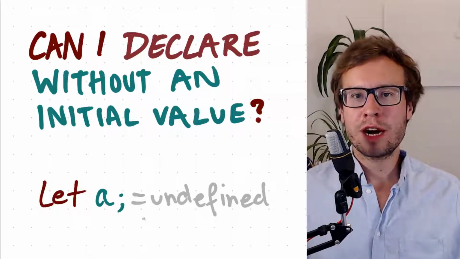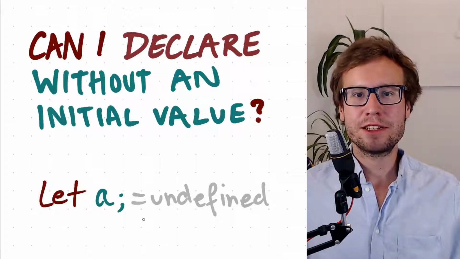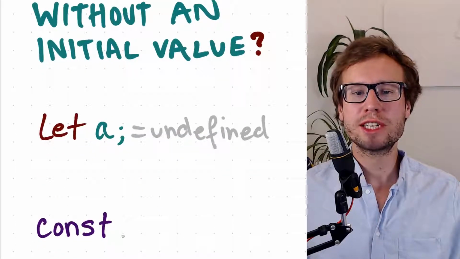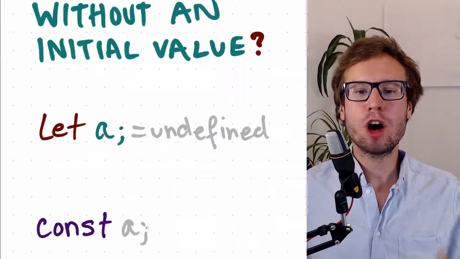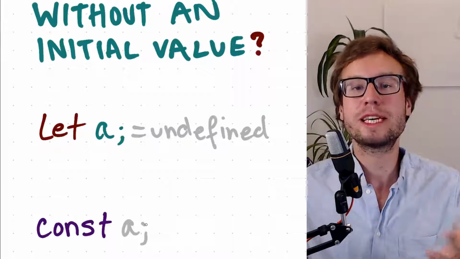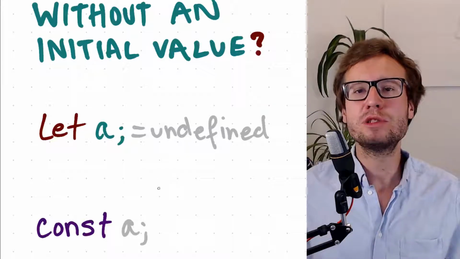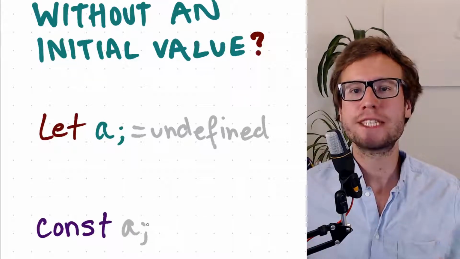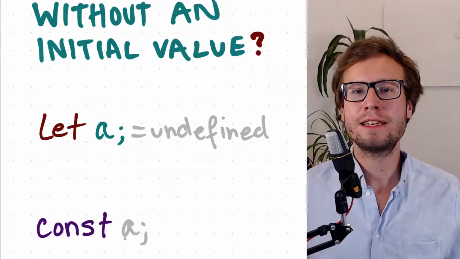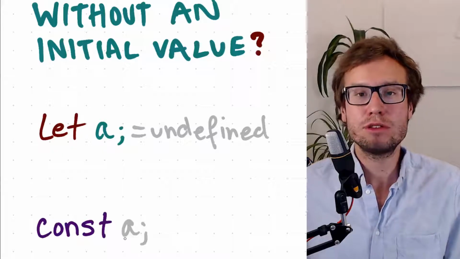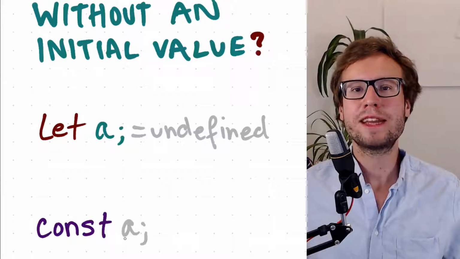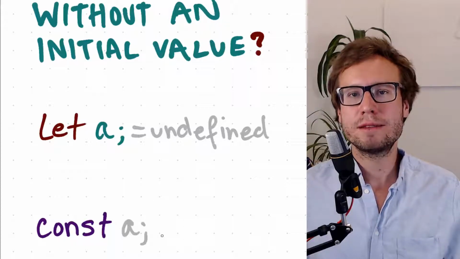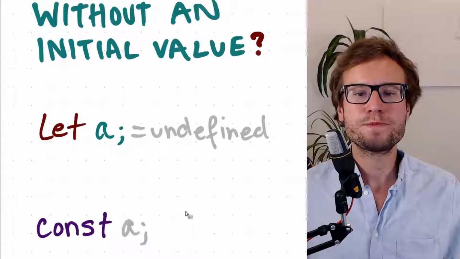But can we do that with const? Well, we're limited to this. We can't actually do that with const, because as soon as we were to just say const a, then it would always stay undefined because we can't reassign. And that would be a useless variable. We don't have any use for a variable where it just starts out as undefined and then it's undefined forever. Because you literally cannot do anything with that undefined, because you can't replace it with a value that actually equals some value.